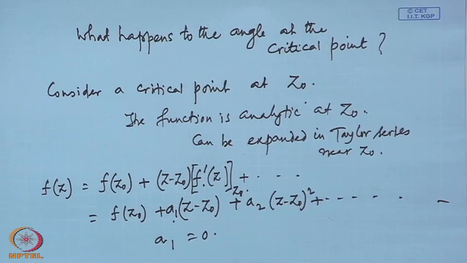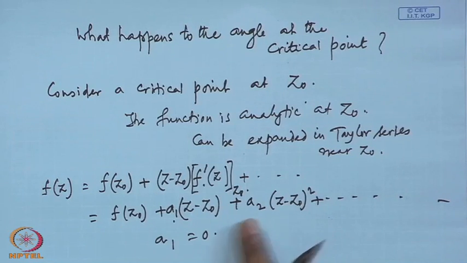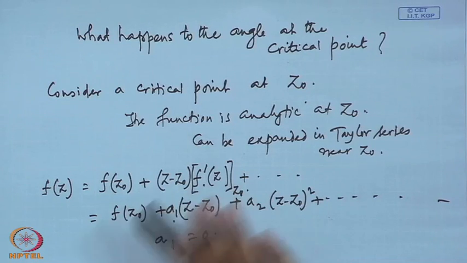But we have no idea about the higher derivatives. A2 is of course the second derivative of f evaluated at z naught, A3 is the third derivative of f evaluated at z naught, and so on, and we do not know anything about them. Let us assume that up to the nth derivative all are 0.